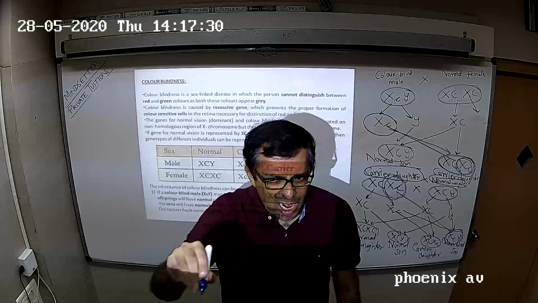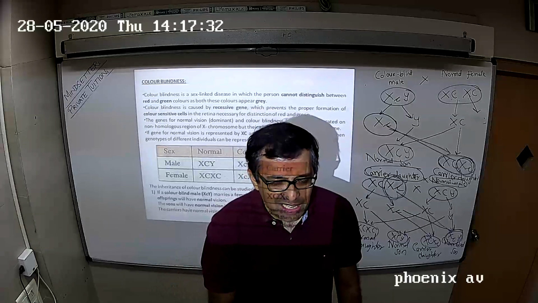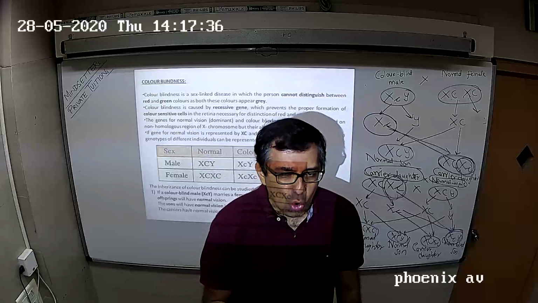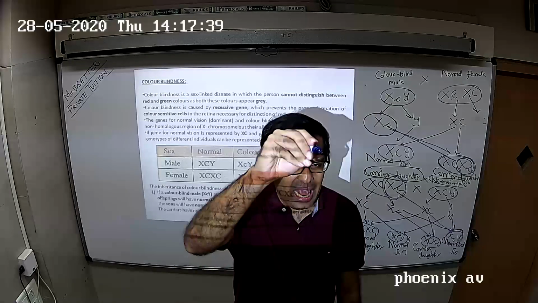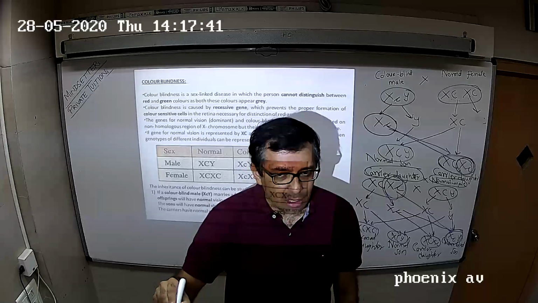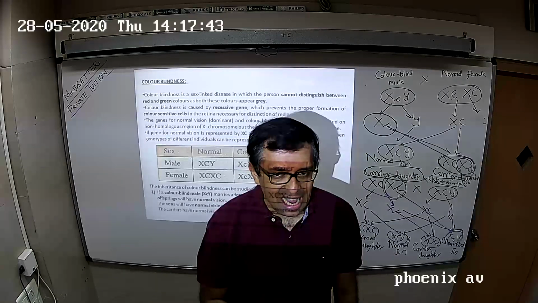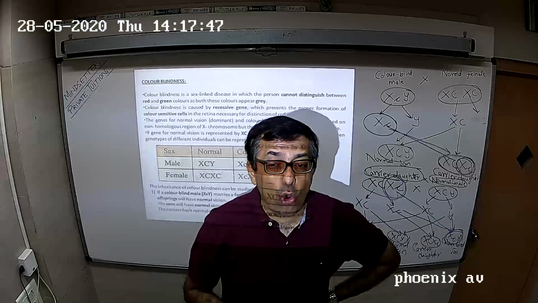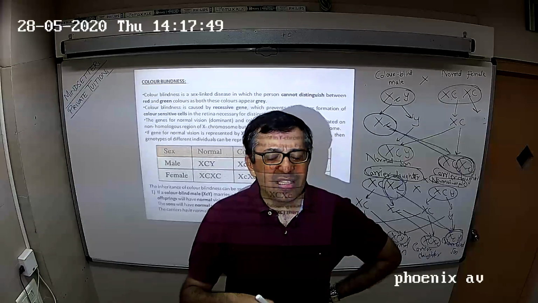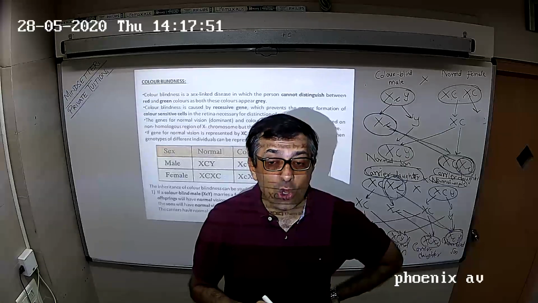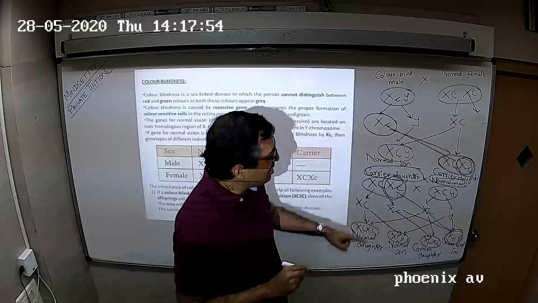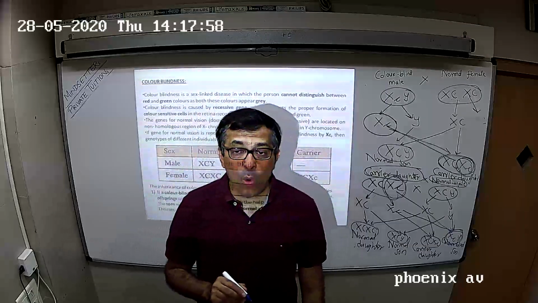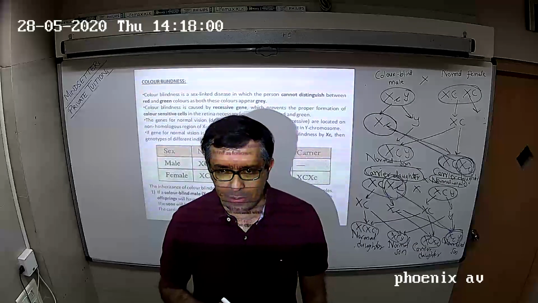Father via daughter to grandson, and male via female to male. From colorblind male via carrier daughter to colorblind grandson, and that means this is called criss-cross inheritance. What is this inheritance called? Criss-cross inheritance, and this is the pattern of criss-cross inheritance which is found in color blindness.